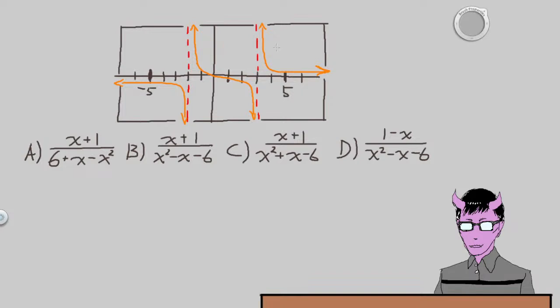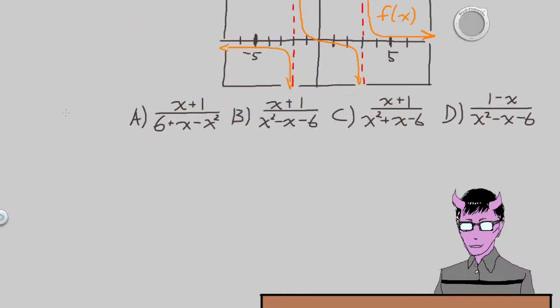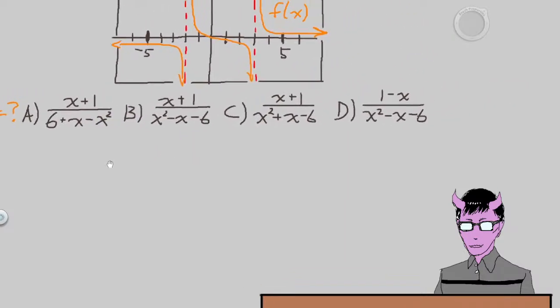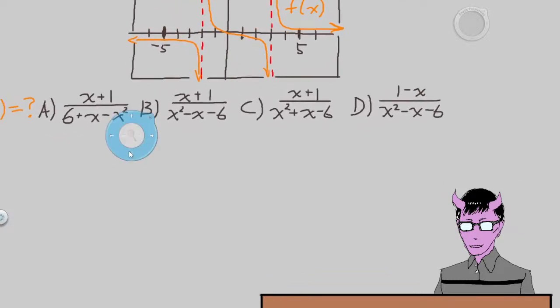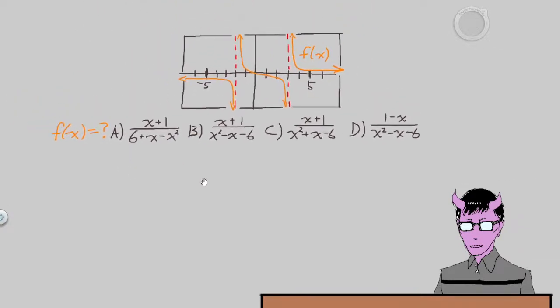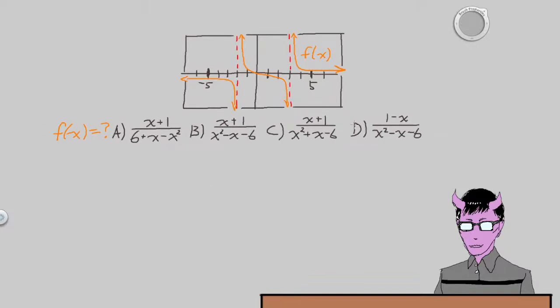This function is called f of x. Yeah, here we go. I'll just keep it simple. F of x is equal to which one? A, B, C, or D, or none of the above, or multiple answers, right? So here's the overall screen.